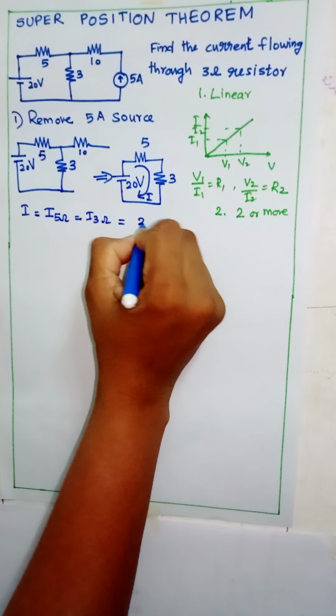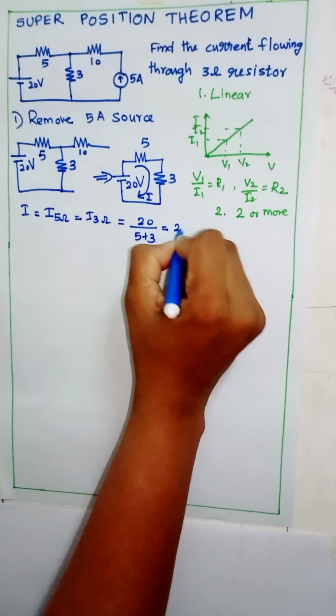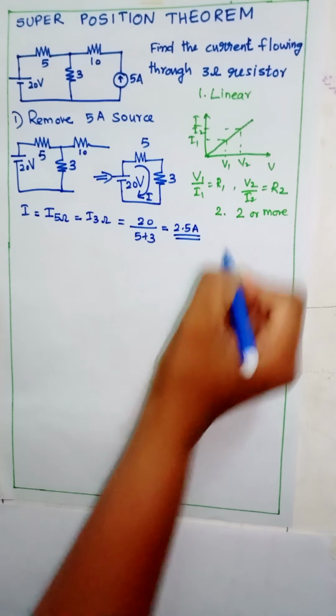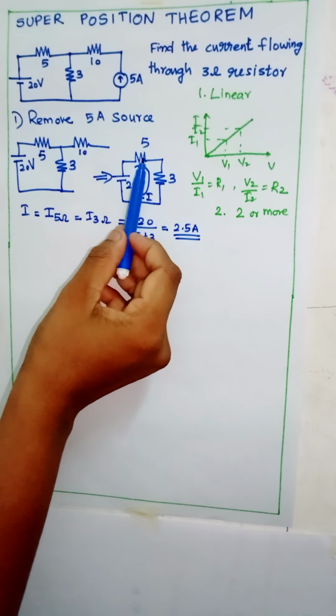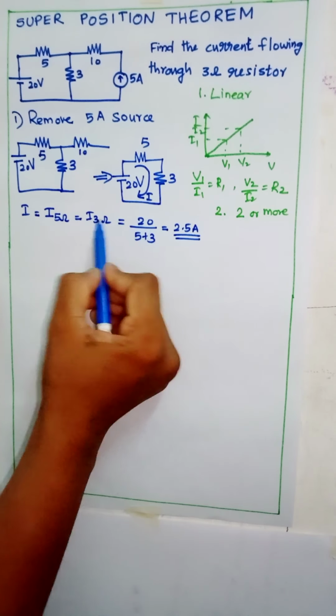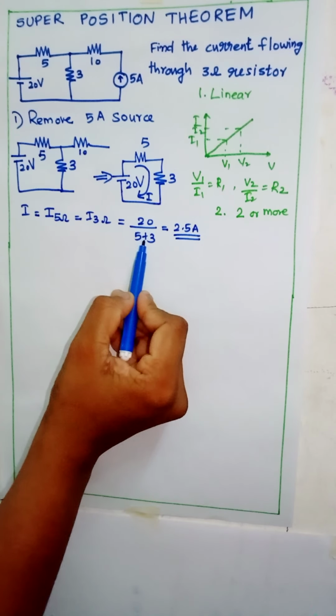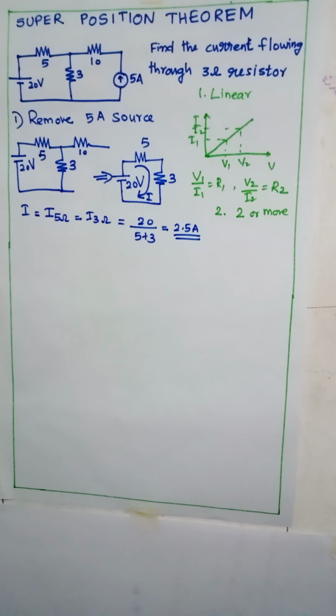By Ohm's law, total current is voltage by resistance, 20 by 5 plus 3, which is equal to 2.5 ampere.